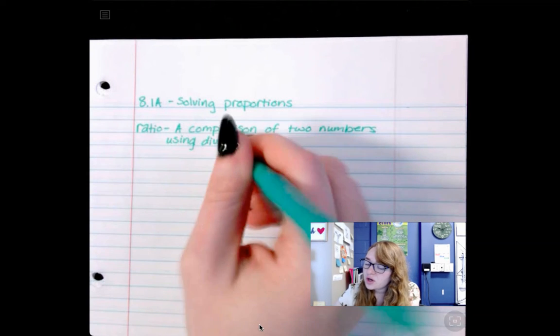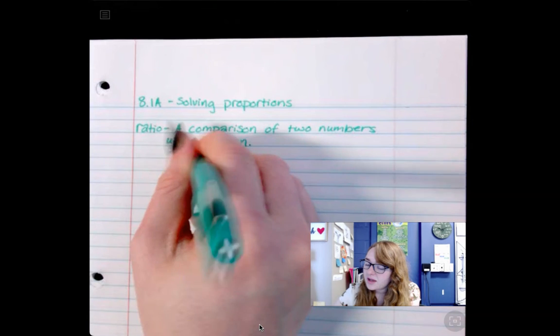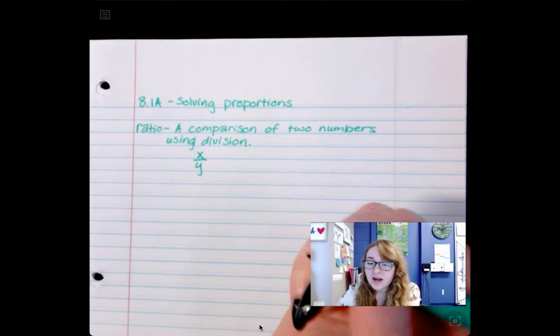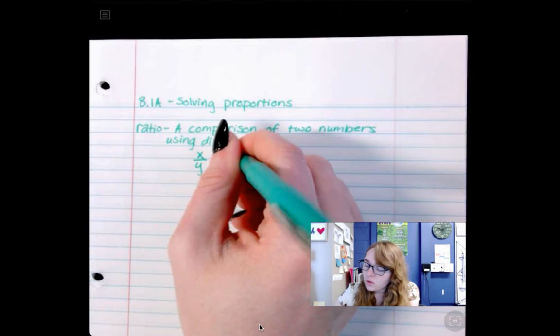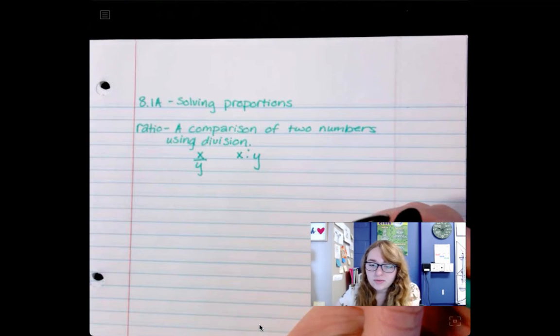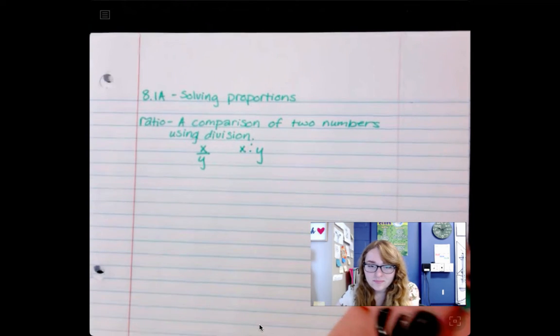A ratio can look like x over y or x to y, where it looks like a fraction, like division. Or it could also look like this, where there is a colon in between them. They mean the same thing.